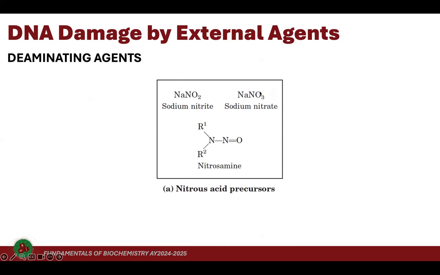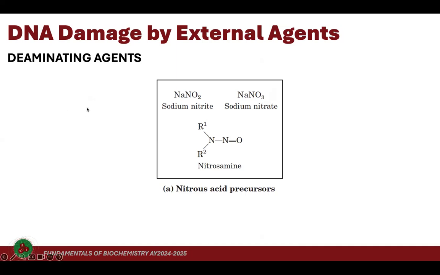You can actually find nitrous compounds in frozen food products such as sausages, for example, because these nitrites are food preservatives. However, the concentration used as a preservative is very low, so it's not that concerning.